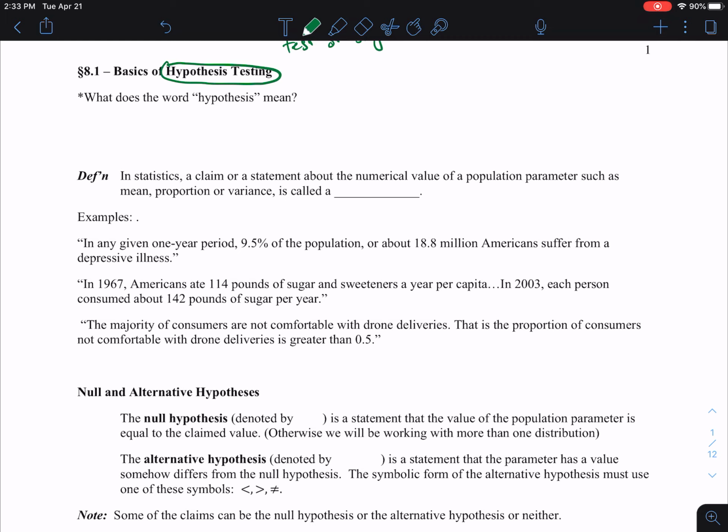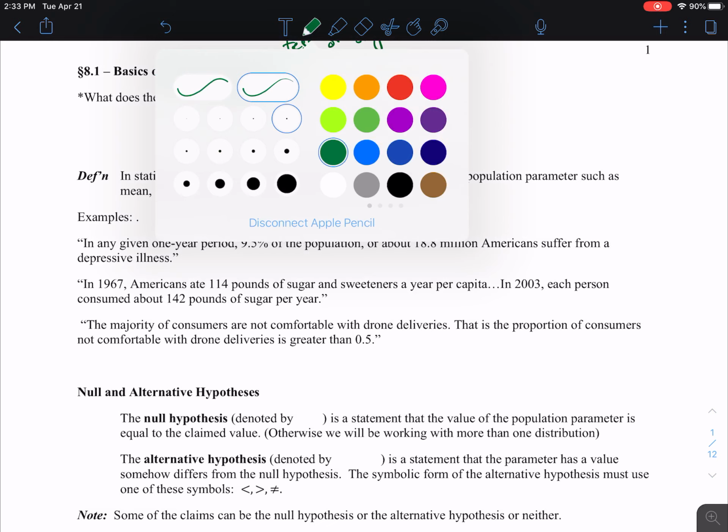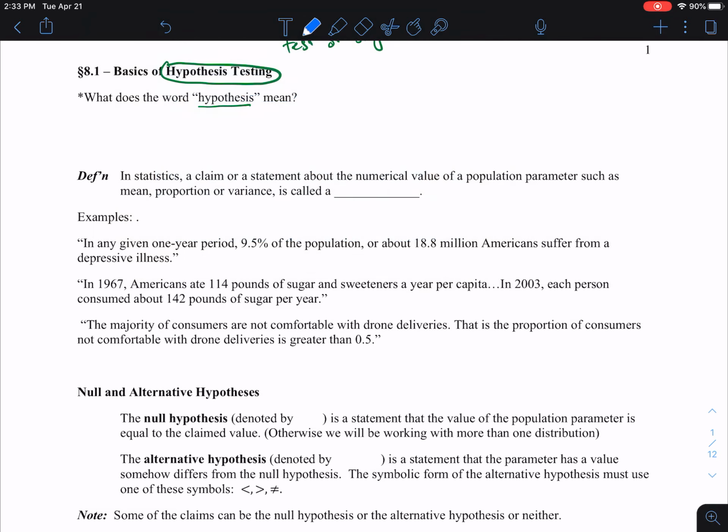Let's start with something really basic. What does the word hypothesis mean? Usually we first encounter this word in a science class, where it means a claim or a premise on how the world usually works.